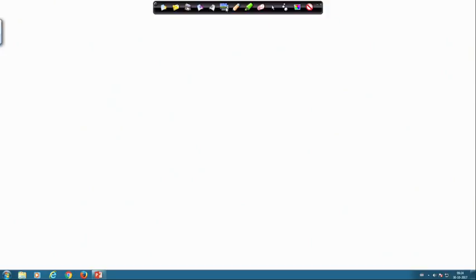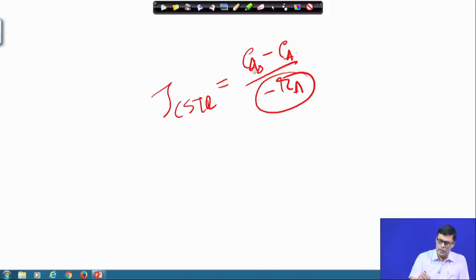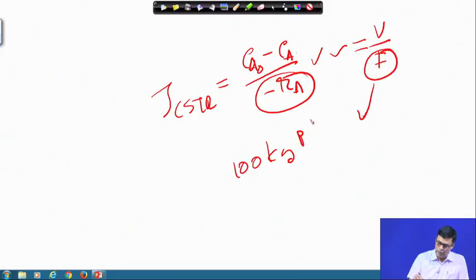Now, if you look at the volume of the continuous process, tau CSTR is equal to what? It is equal to CA0 minus CA by minus RA. RA you can easily find from the rate of reaction, and from the percentage conversion you can find the CA0 and CA values. This is equal to V by F. So, F you can find from the amount of product, suppose we want to produce 100 kg per day. From that you can find how many kg of substrate you require per day.